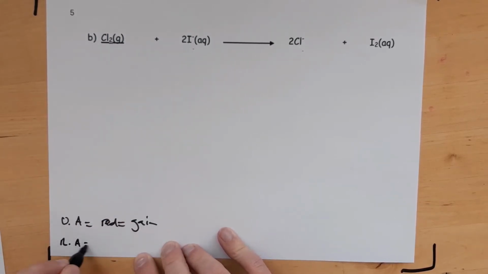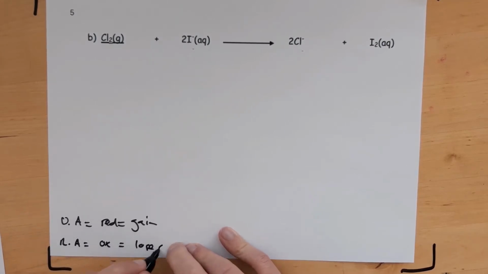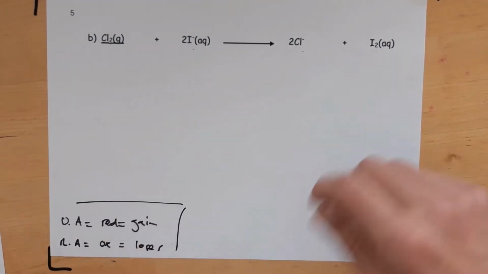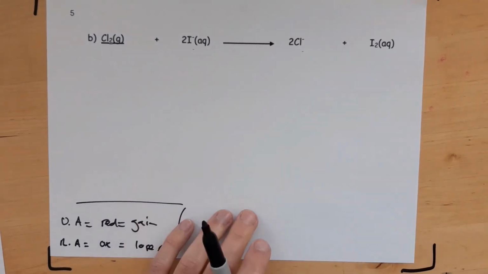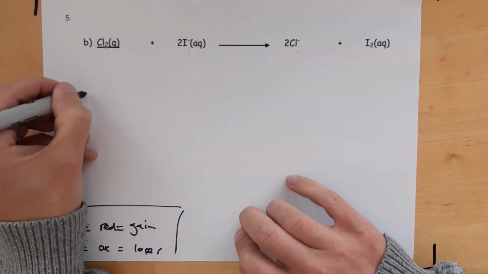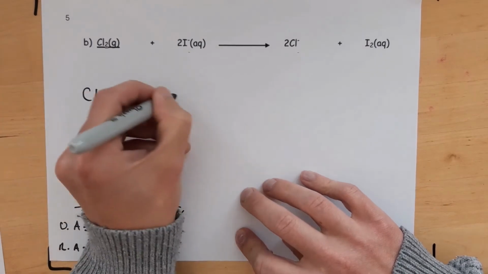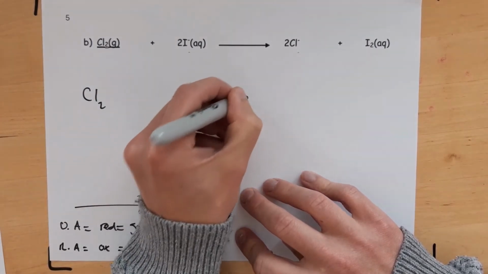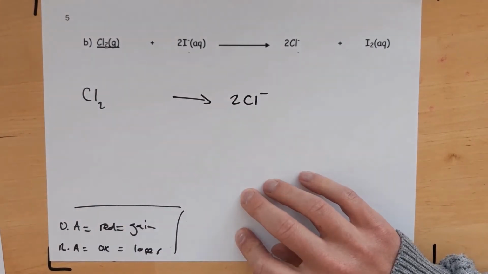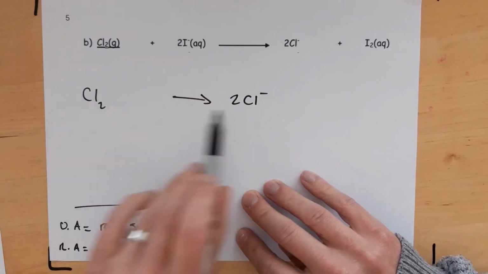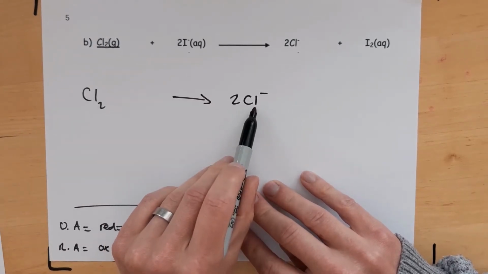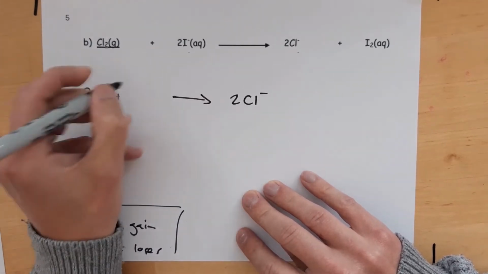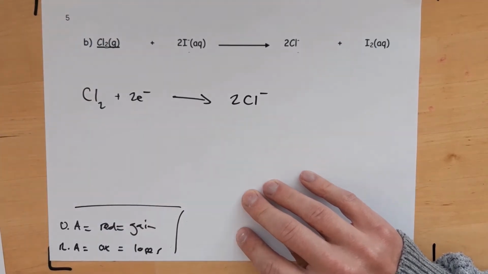Reducing agent equals oxidized equals loses electrons. Okay, so next one. What have we got here? Cl2. So we've got Cl2 goes to 2Cl negative. How has something neutral become something negative? Well, the only way that can happen is if we gain electrons.